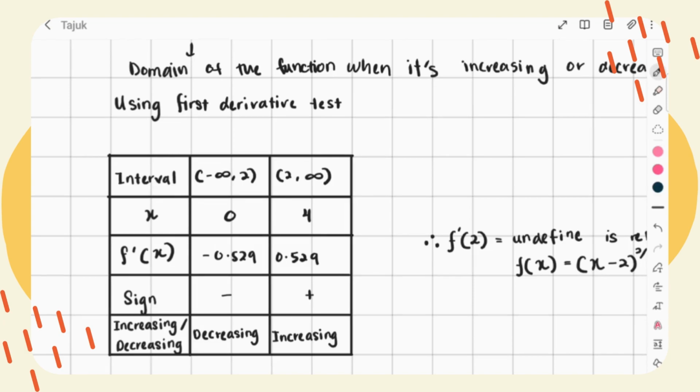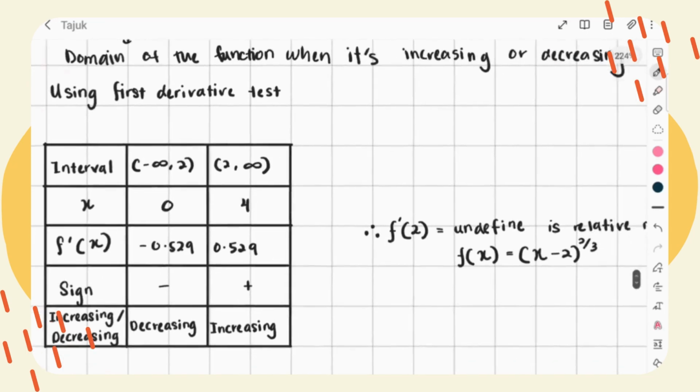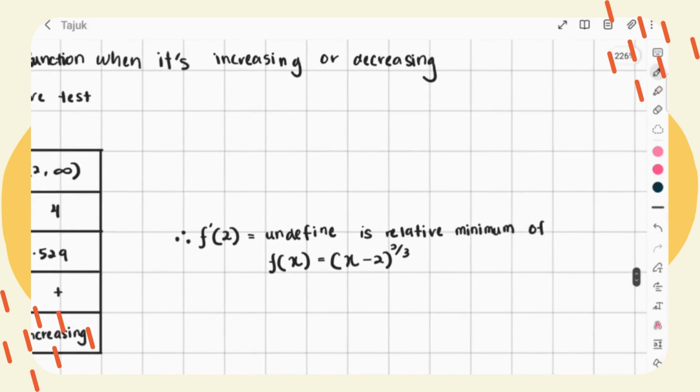We get the signs: for the first interval negative, and for the second interval positive. What's the meaning of negative and positive sign? Negative means the interval is decreasing, and positive means the interval is increasing. So we can conclude that f prime 2 is undefined, and it is a relative minimum of the function f(x) equals (x minus 2) to the power of 2 over 3.